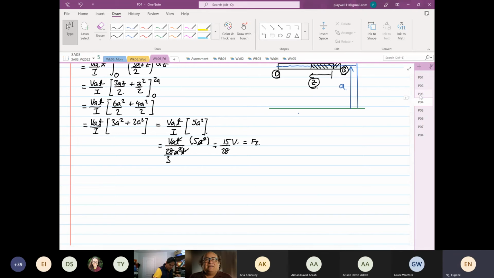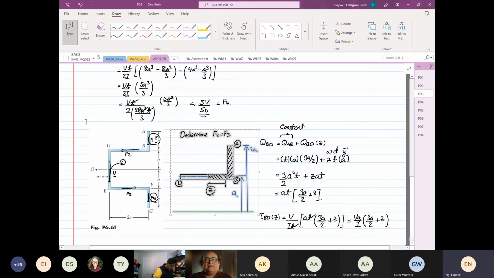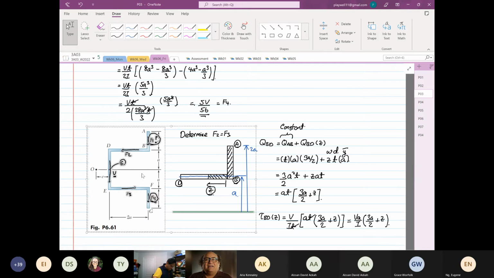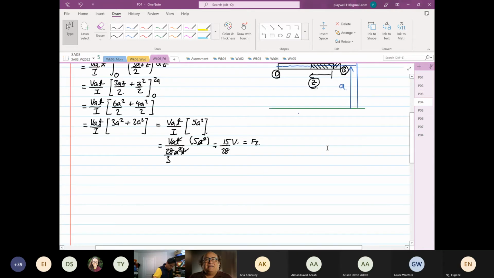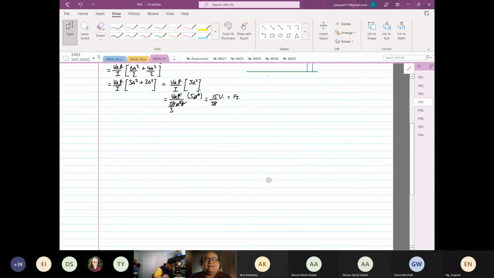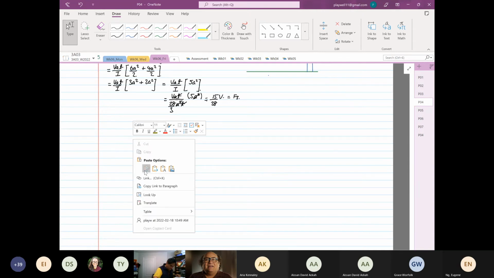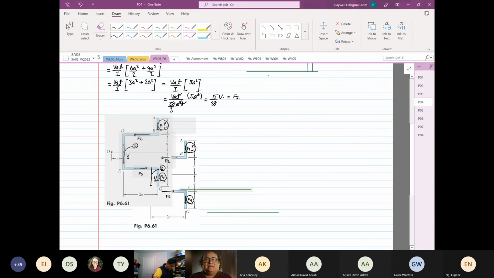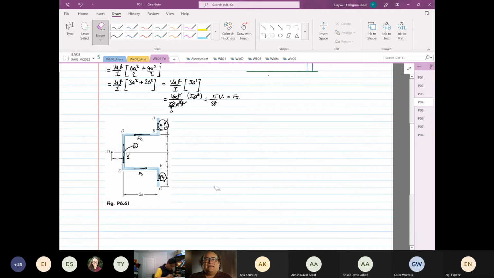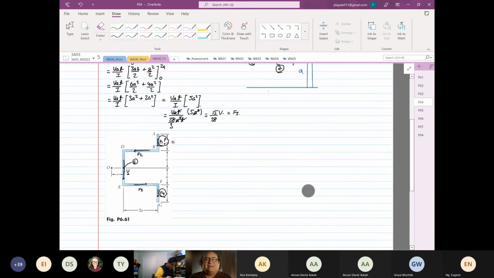Let me copy the diagram again. Yeah, so now we know what our F1 is.